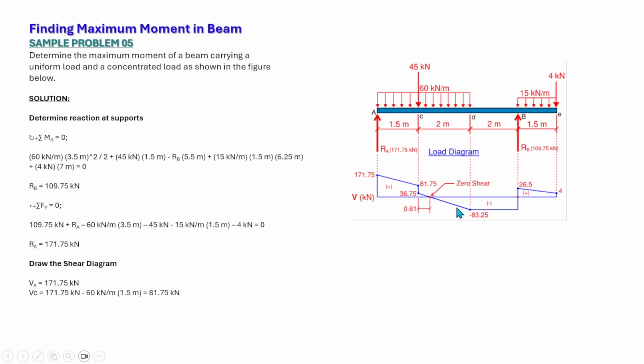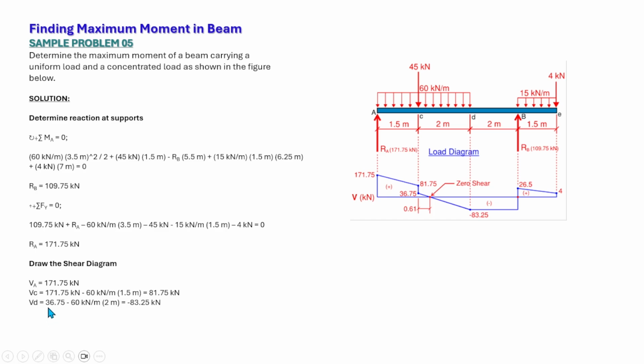Now, the shear at point D is equal to 36.75 minus the load between C and D. The only load that we have between points C and D is the 60 kilonewtons per meter over a 2 meter length, and that is equal to negative 83.25.